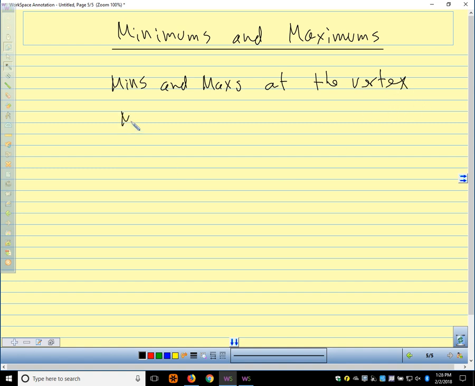The minimum or maximum value. So we know that we find the minimum or maximum at the vertex. The maximum or minimum value of the function is the y value.